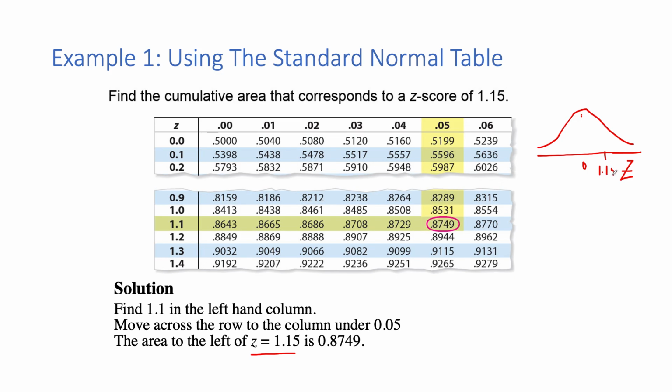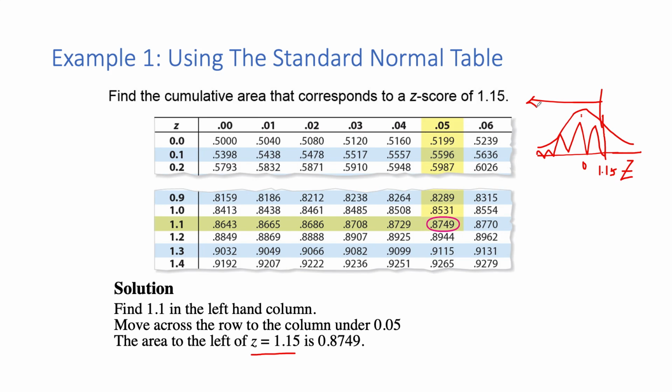What the table is telling me is cumulative area, in the sense that if I start at the left end of this distribution and travel to 1.15, how much area would I have covered? The standard normal table is always going to tell me areas to the left.